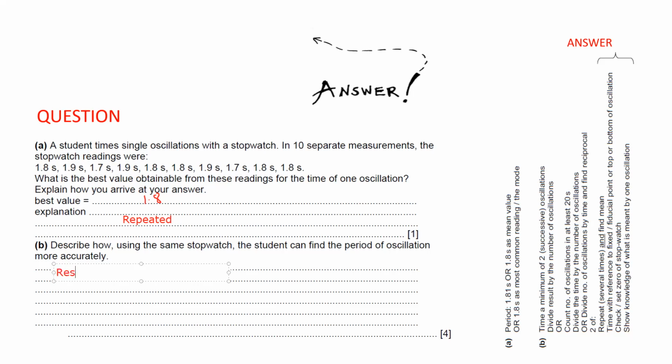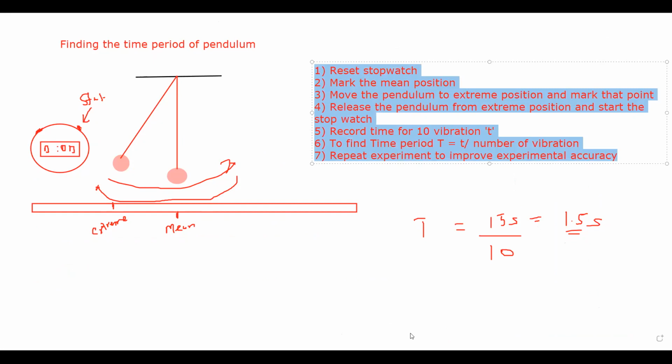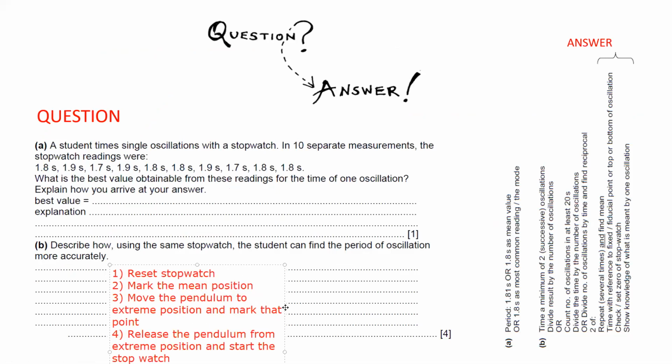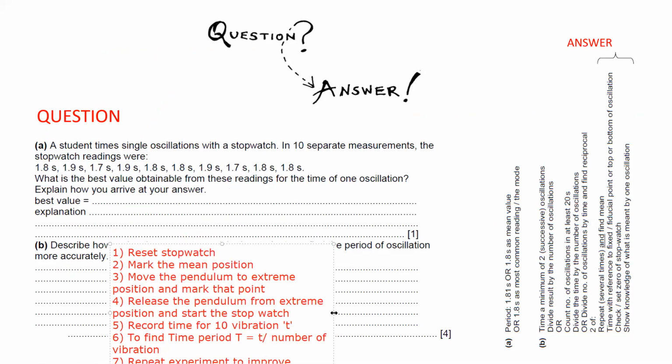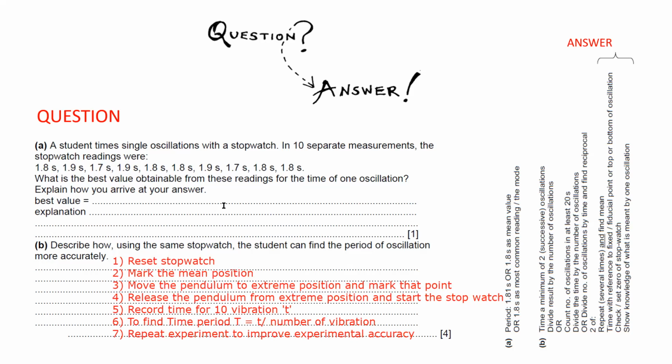So a similar answer: reset the stopwatch, mark the mean position, move the pendulum to the extreme and mark that point, release the pendulum from the extreme position and start the stopwatch, then record the time for 10 vibrations, then divide the time by the number of vibrations to find the time period, and repeat the experiment to improve the experimental accuracy.